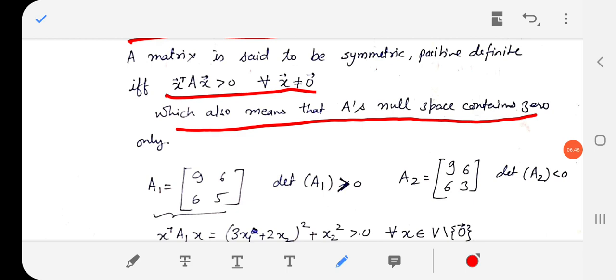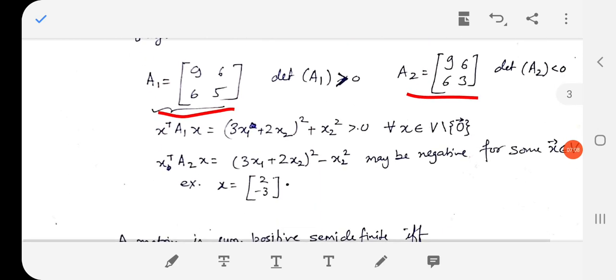Now let us try to look at two different matrices and see what the case is.